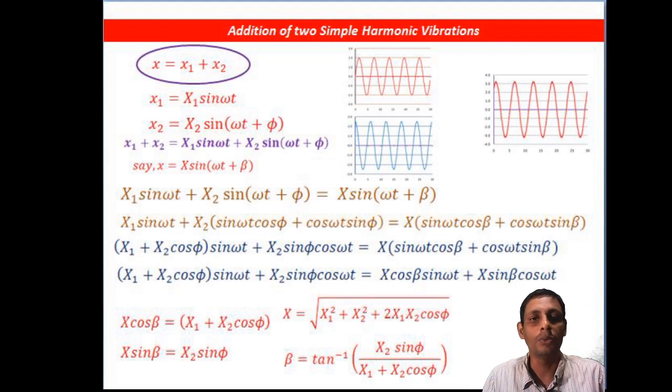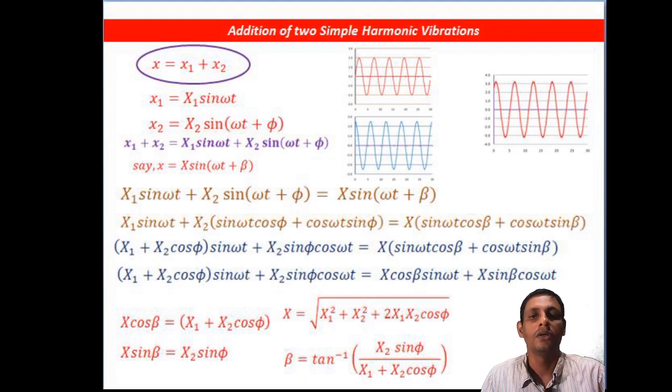Now, we are equating the expression of x1 plus x2 as per the given condition with the assumed condition. So X1 sin omega t plus X2 sin(omega t plus phi) we are equating with X sin(omega t plus beta). This is the expression we assume. This is the expression that is already given in the problem.